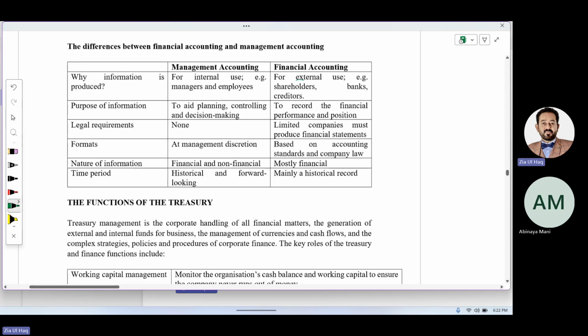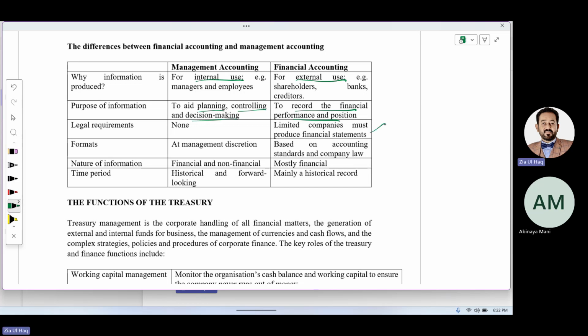Financial accounting is for external users, while management accounting is for internal users, meaning for management, planning, and decision making. The purpose of financial accounting is to record and summarize the financial transactions, while the purpose of management accounting is to help management in planning, controlling, and decision making.